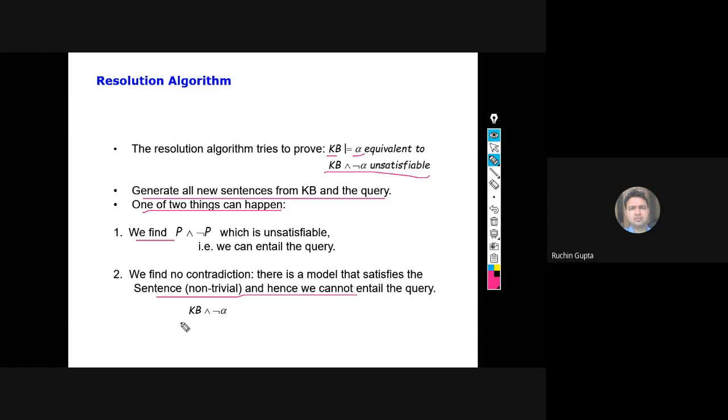It means that alpha cannot be derived from the knowledge base, right? So this is actually known as the resolution algorithm. We will see one practical example of how to apply this resolution algorithm to find out whether a particular alpha can be derived from the knowledge base or not.